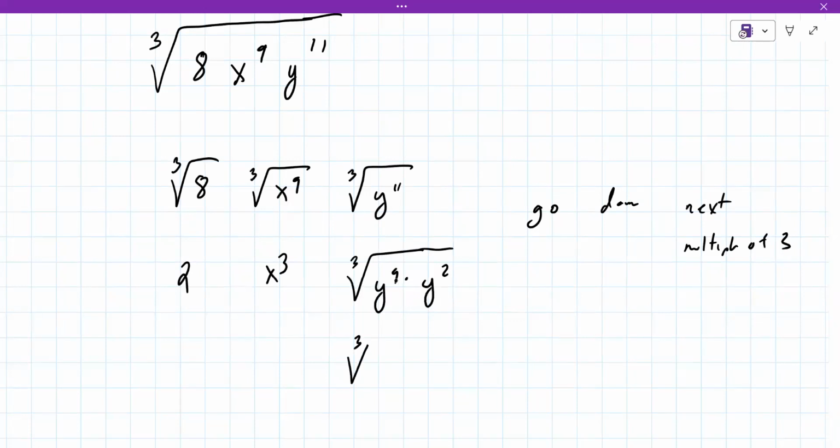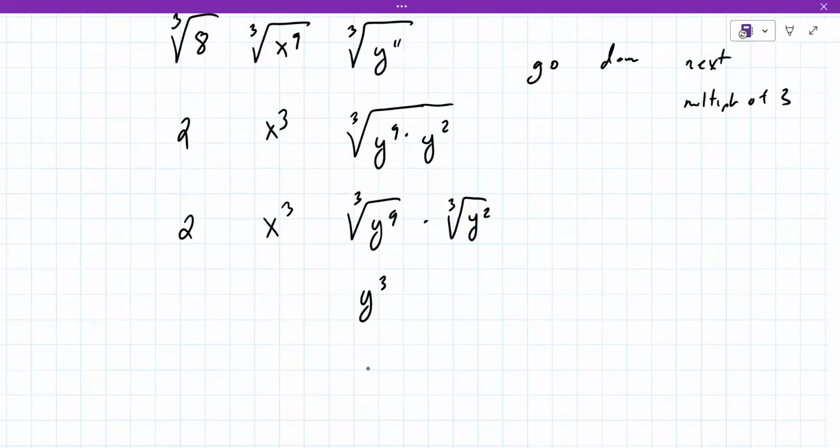So the cube root of y to the 9th is y cubed. And you bring this other stuff down with it, and you have the cube root of y squared left over.